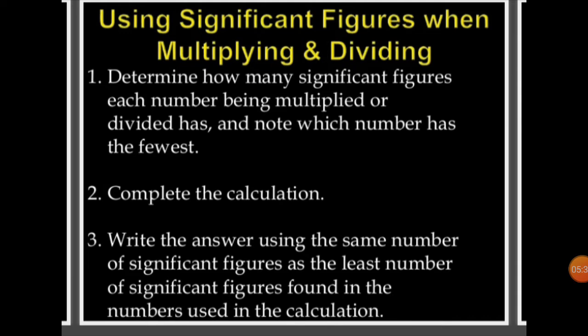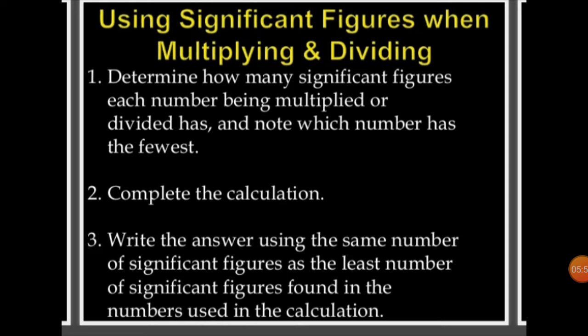Now, using significant figures when multiplying and dividing. The first rule: determine how many significant figures each number being multiplied or divided has and note which number has the fewest. Second, complete the calculation. And third, write the answer using the same number of significant figures as the least number of significant figures found in the numbers used in the calculation.